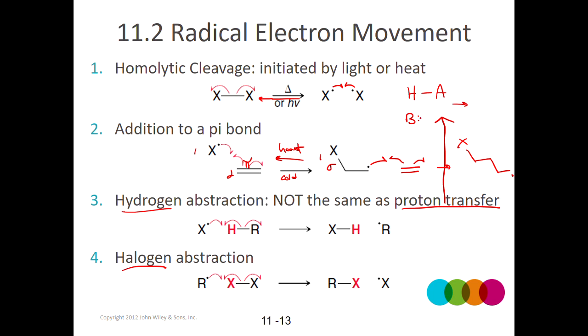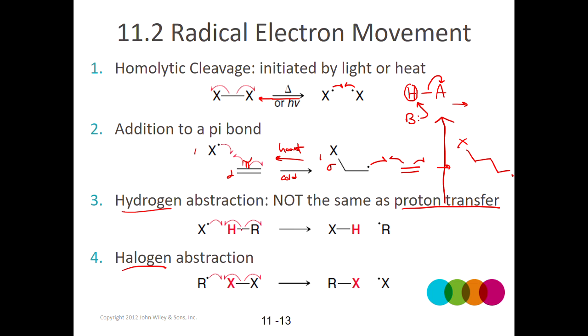The base uses a pair of electrons to pick up the proton, and the acid keeps both electrons behind. So this is two electrons moving in pairs, and the proton is transferred because a hydrogen's nucleus is simply a proton. If it doesn't bring any electrons with it, it's the proton that's being transferred over.